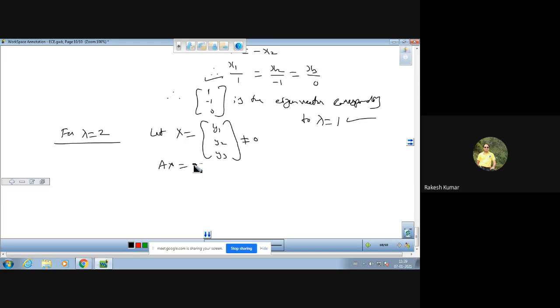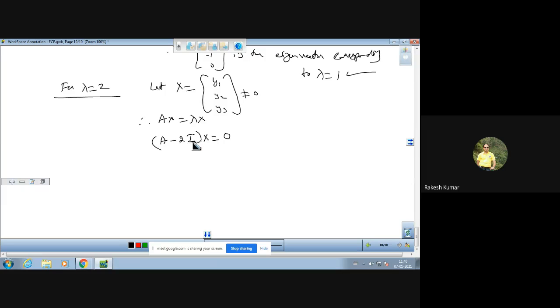So we should have Ax is equal to lambda x and A minus 2I into x is equal to null vector, and 2I, you know that I is the identity matrix. So ऑपरेट करने के बाद हमारे पास आ जाता है, this is -1 0 1, 1 0 1, 2 2 1, and this is y1 y2 y3, and this is 0 0 0.